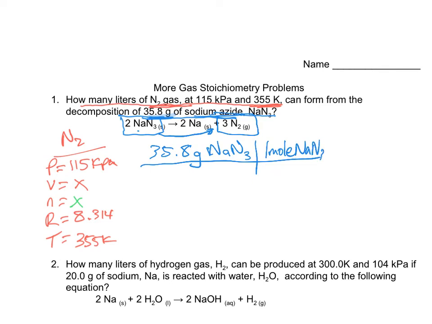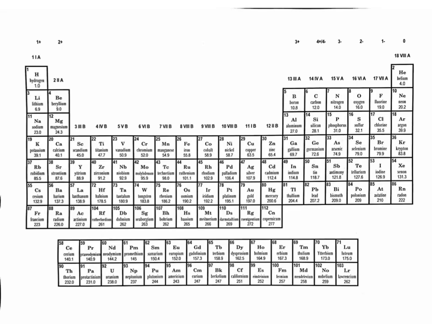And then we've got to go to the periodic table to figure out grams of NaN3. So we're going to look on the periodic table. Here's our nitrogen. Over here is our sodium. So we've got, let's see here, Na is 23 plus 3 nitrogens.